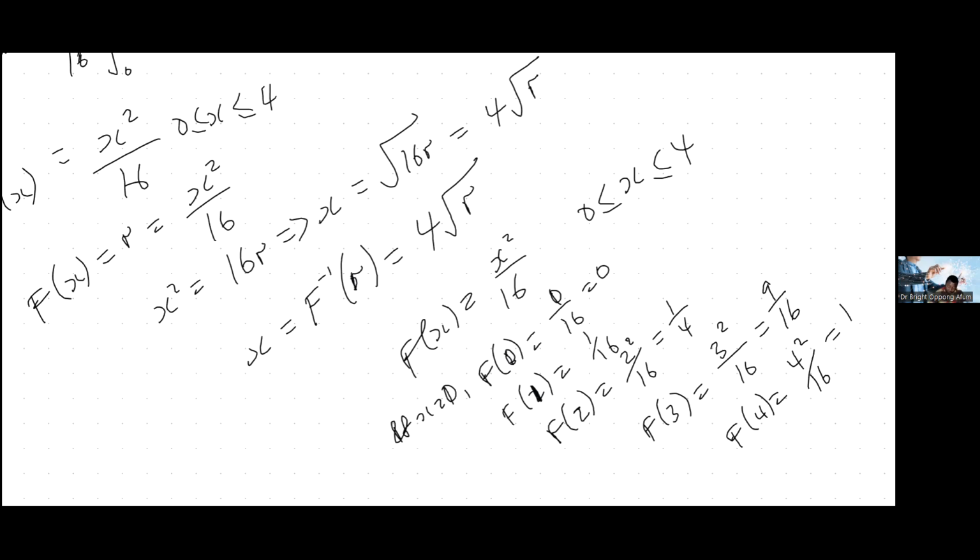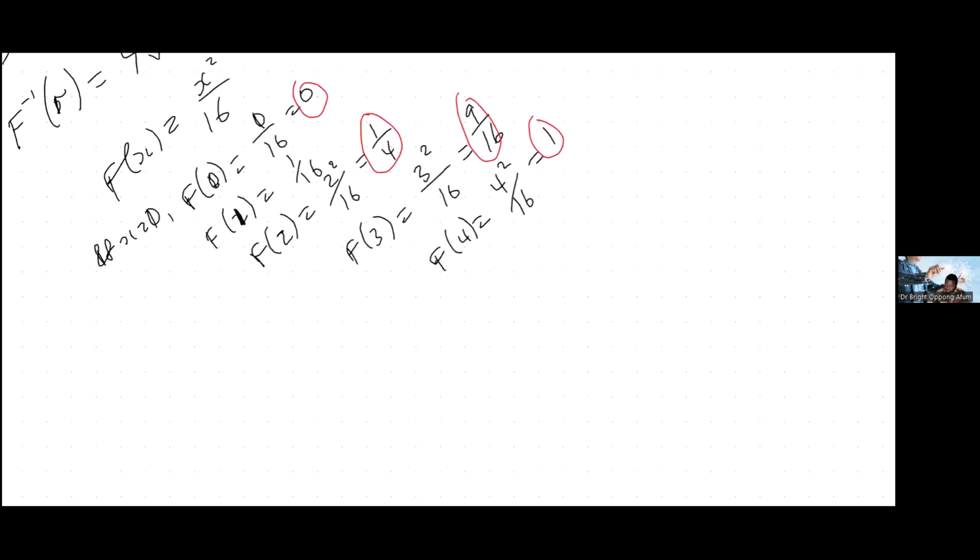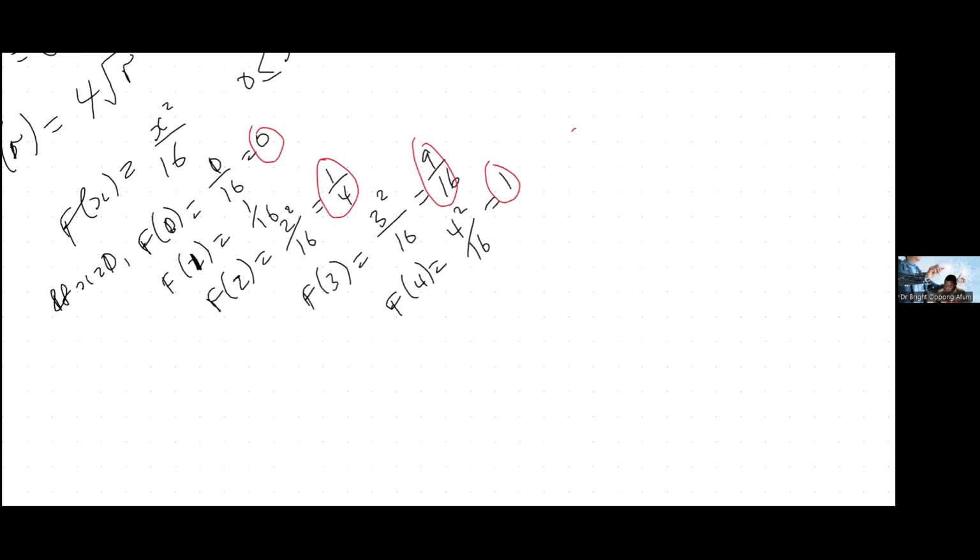So we are going to plot 0, 1, that, and that. So we can easily have this parabolic curve, our F(x), the cumulative distribution, against x.